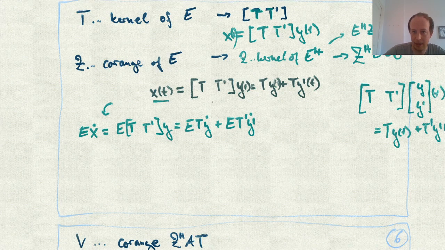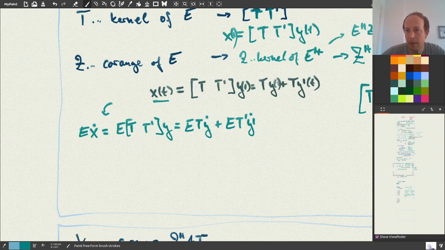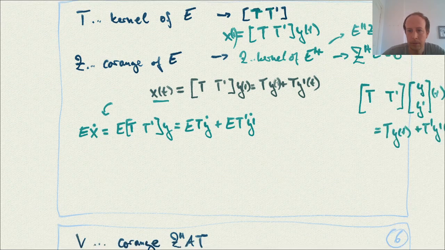Since T is the kernel of E, the first term is 0. This is just 0 because T is the kernel.